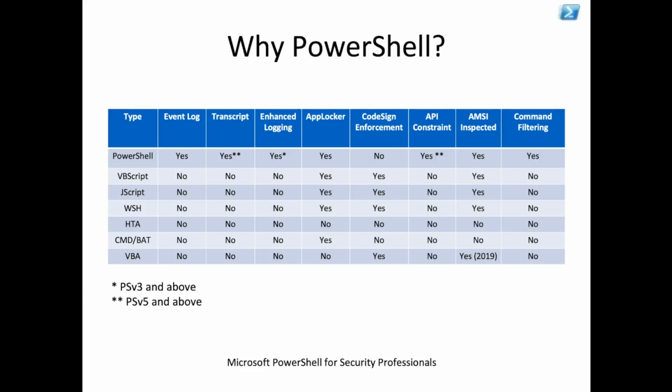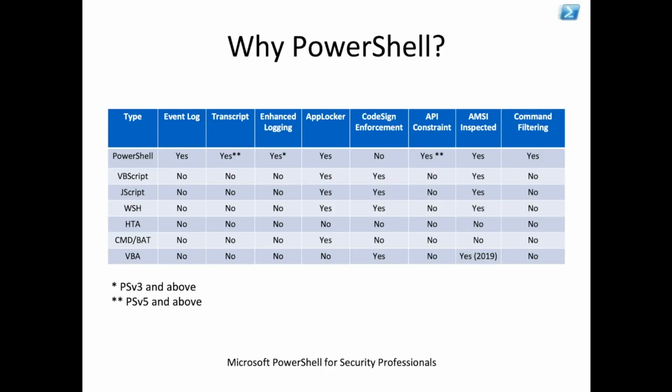Also, we have command filtering. Sadly, we do not have that in the latest version of VBA, not even if you're running, let's say, 2019 in your environment. So do keep that in mind.